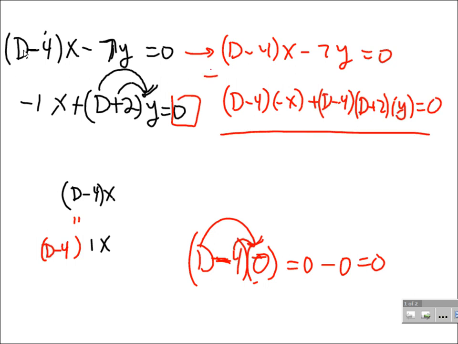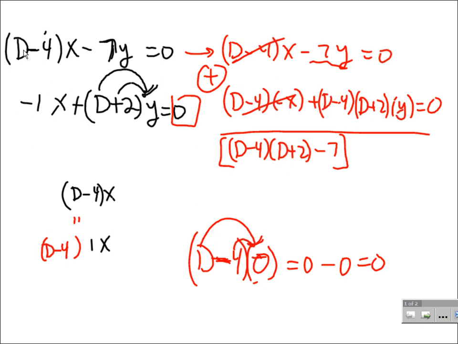Now, if I add these, the x terms will cancel out. I add the y's. I have D minus 4 times D plus 2 on y, and I'm adding negative 7y. Adding negative 7y is the same as taking away 7y.